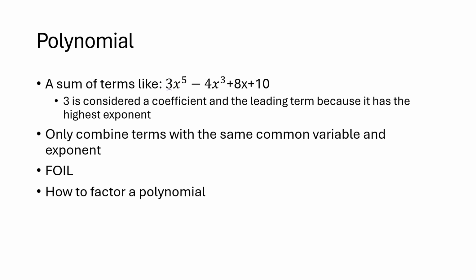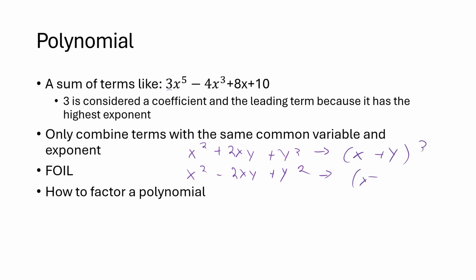A perfect square trinomial can be used in situations like this: x squared plus 2xy plus y squared, or x squared minus 2xy plus y squared. Perfect square trinomials can be simplified into this manner right here, (x plus y) squared, or (x minus y) squared.